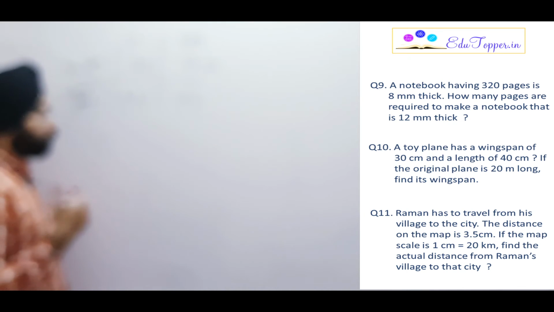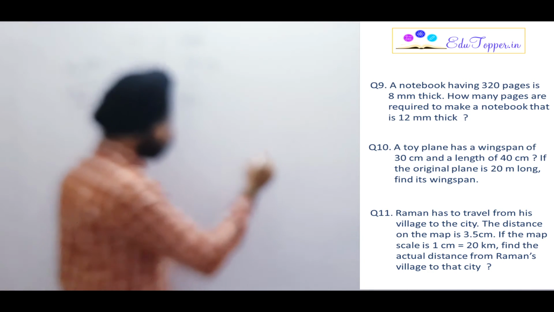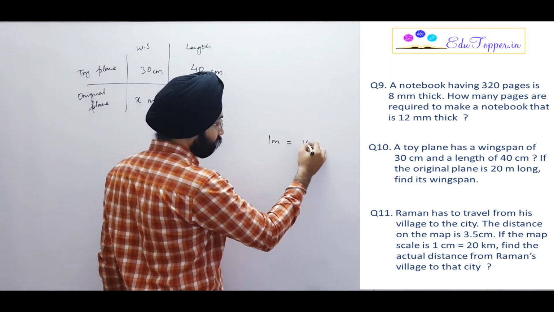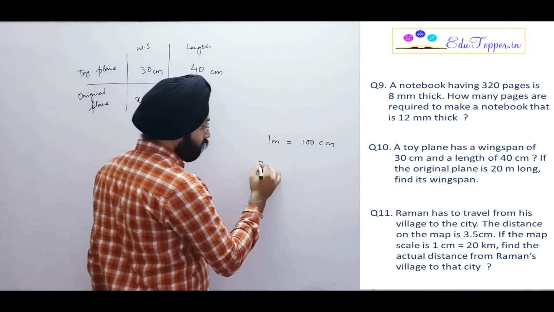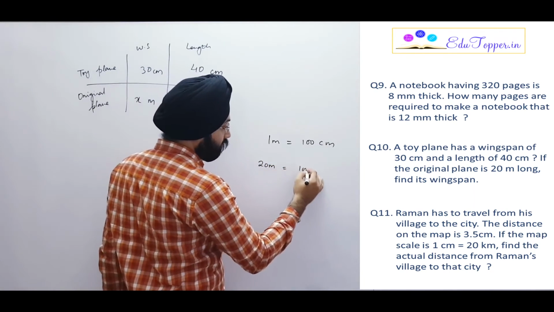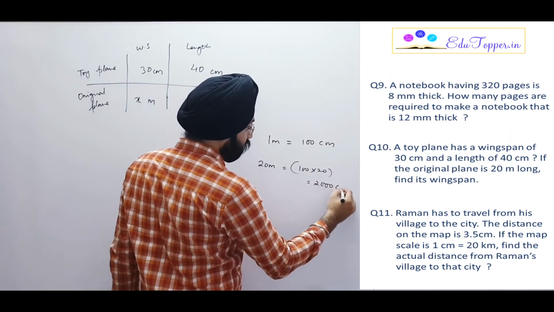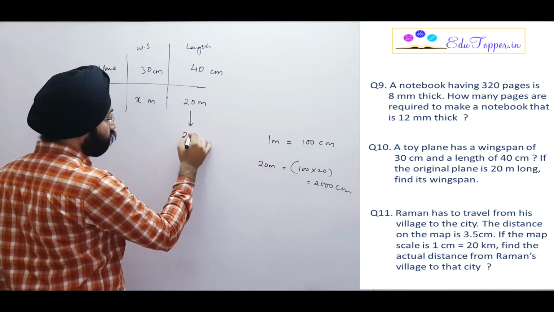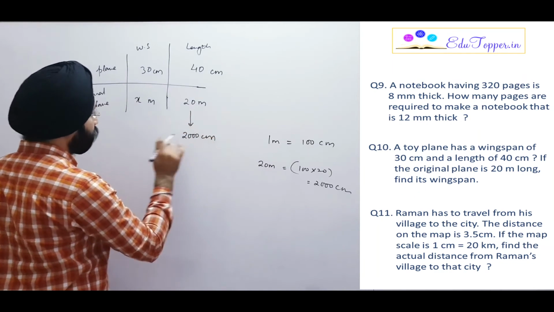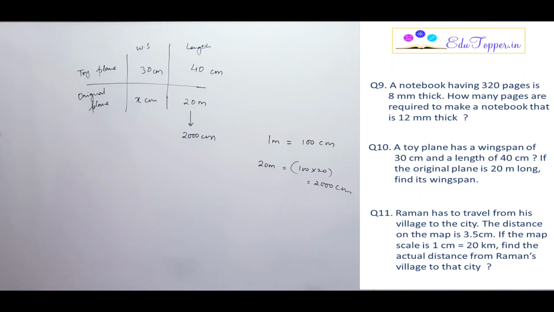Or we could change the entire thing to centimeters, right? 1 meter is 100 centimeters. 20 meters is 100 into 20, that is 2000 centimeters. Okay, so this will be 2000 centimeters and let's assume the original wingspan is x centimeters, right?